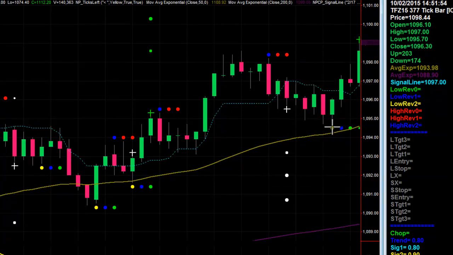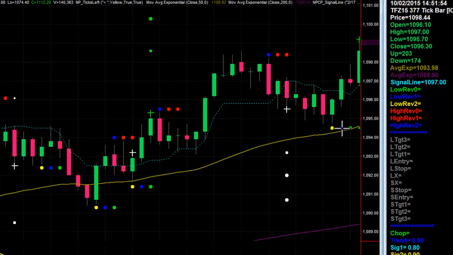But something interesting happens. You get a new failed swing level to go long, right? Because this failed to come down and break the last group of exhaustion dots. It's another higher low.